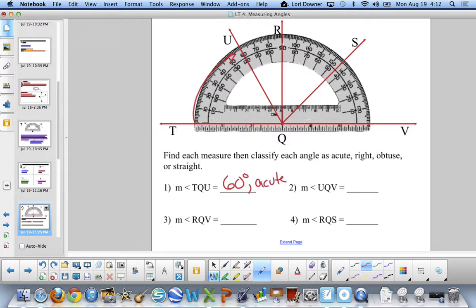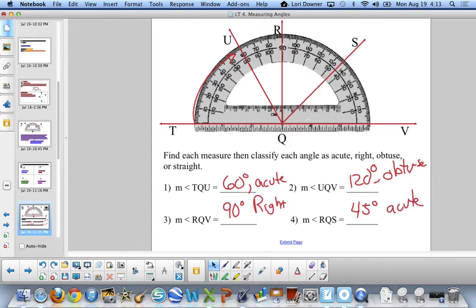Going to number 2, we've got UQV is 120 degrees, and it's obtuse. This is 90 degrees, and this is a right angle. And this is 45 degrees, and this is acute. So you can see how you did. Hopefully you did very well with the angles.